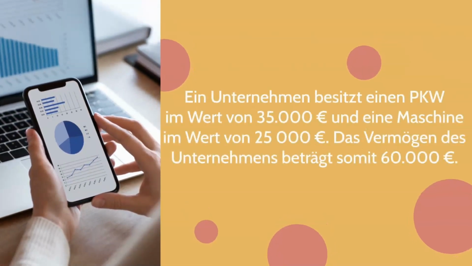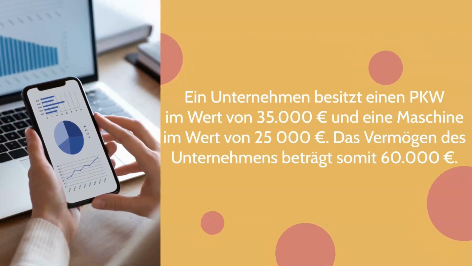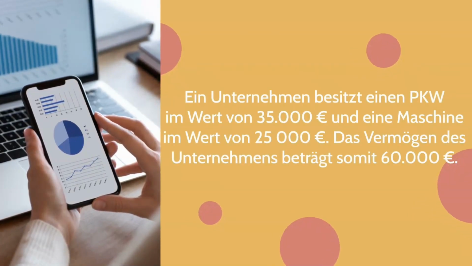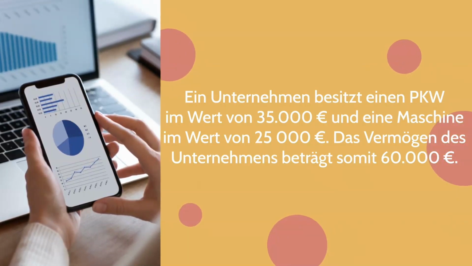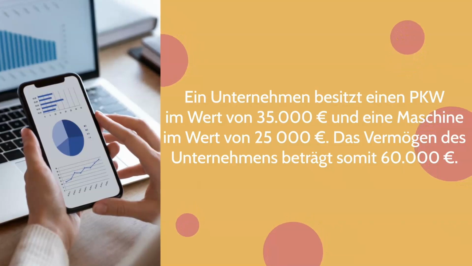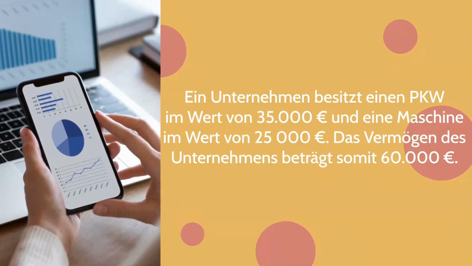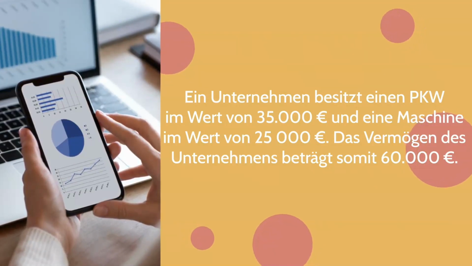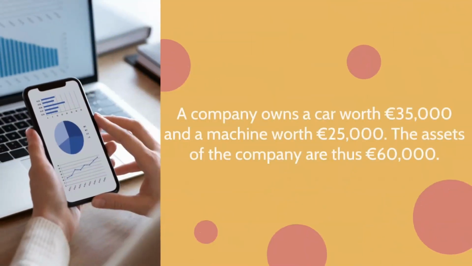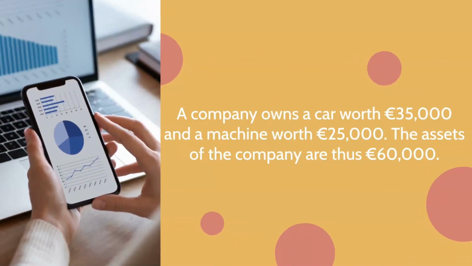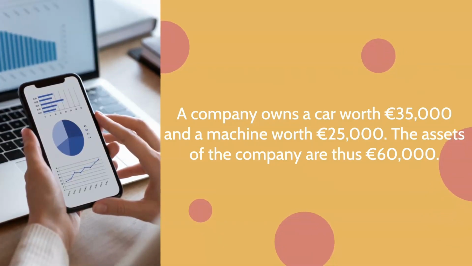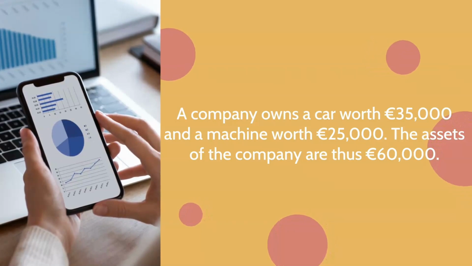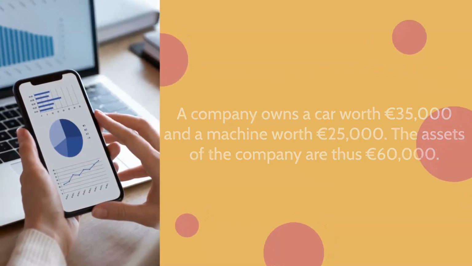Ein Unternehmen besitzt einen PKW im Wert von 35.000 Euro und eine Maschine im Wert von 25.000 Euro. Das Vermögen des Unternehmens beträgt somit 60.000 Euro. A company owns a car worth 35,000 euro and a machine worth 25,000 euro. The assets of the company are thus 60,000 euro.